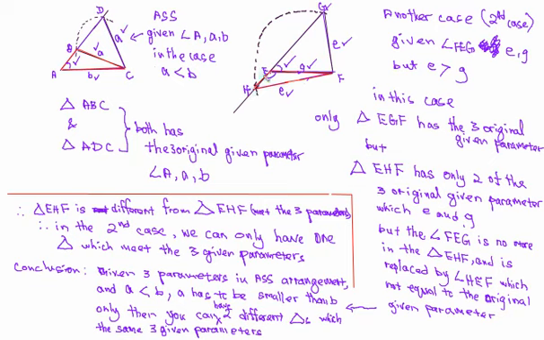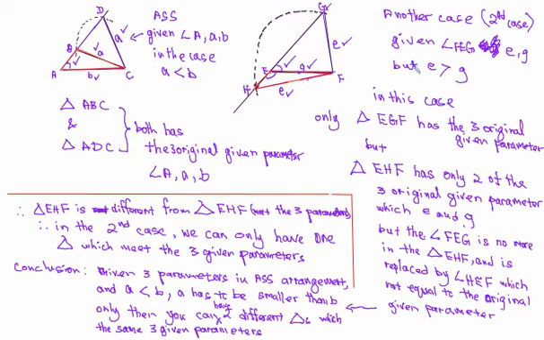That means this triangle EHF no doubt will have two of the lengths equal to the original given information, but the angle here is not equal to the original given parameter. Therefore, angle EHF is not an angle for this condition.